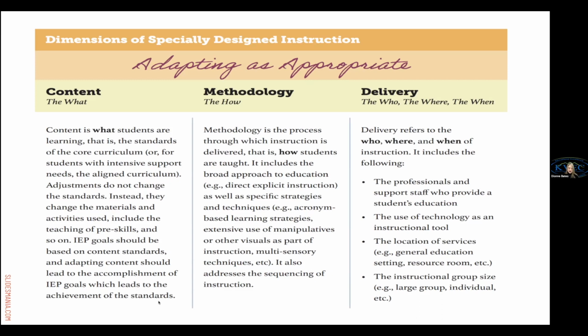So that might be using multisensory approaches, that might be using visual supports. It might be chunking information. It might be breaking down a standard and a skill into much smaller sections, and then allowing students to do that in smaller chunks. Again, that doesn't change the standard. We still have that grade level expectation. We just break that down into smaller steps.